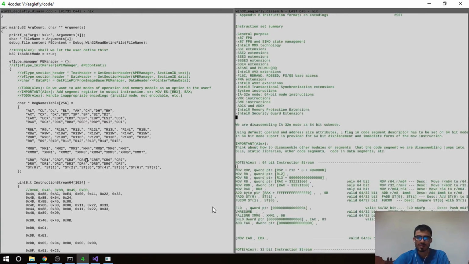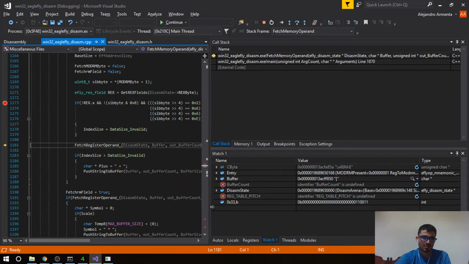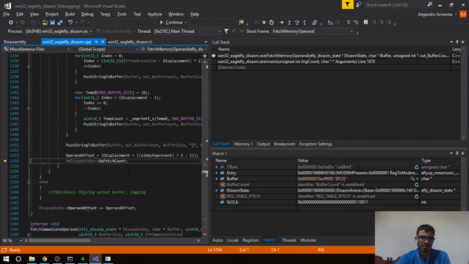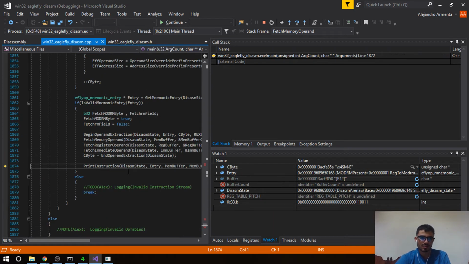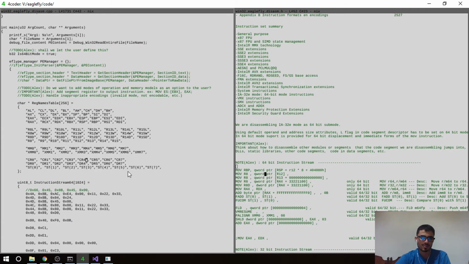It has to be R12 just, okay? So there you go, because we don't have REX there. We fetch the register and we just close it. There you go. So on the output R12. Okay, perfect.